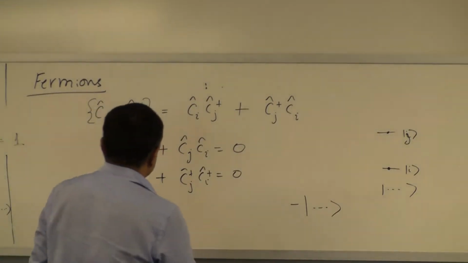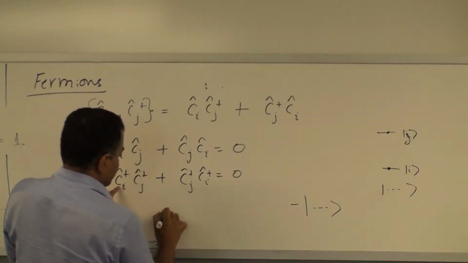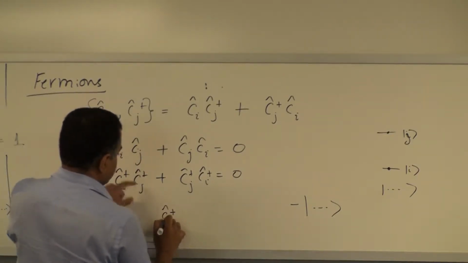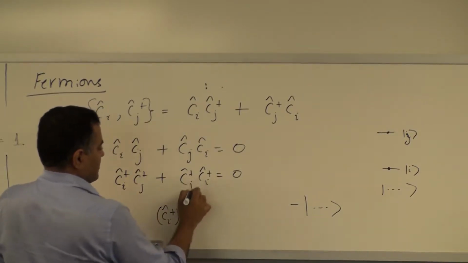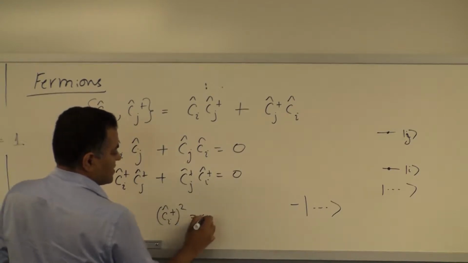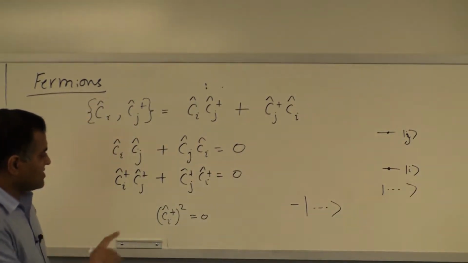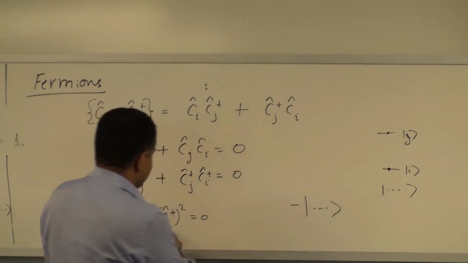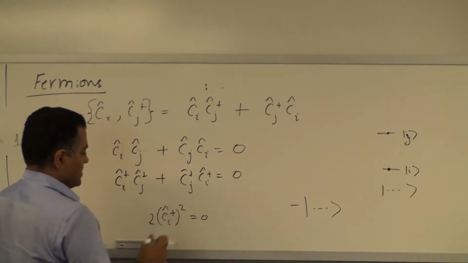And this is why, if I do this in the same orbital, you can see right away that c_i dagger squared, if i is equal to j, gives you a 0. Because it has to flip its sign, it's come back to itself, and you get 2 times this; 2 times that is 0, so that is 0.